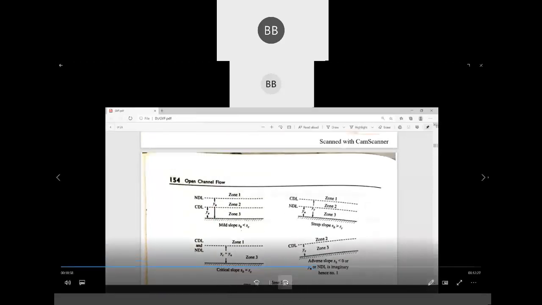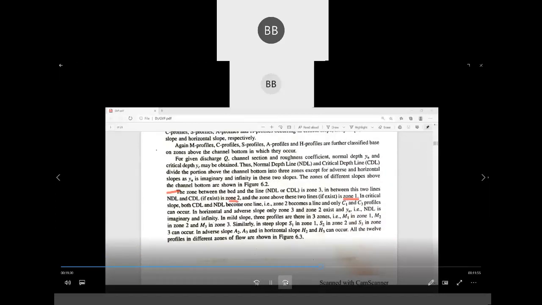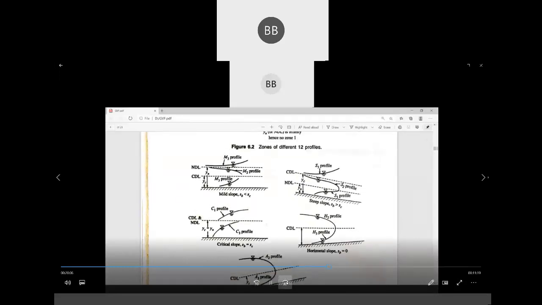And similarly for adverse slope, we will have only zone 2 and zone 3. For horizontal slope also we will have only zone 2 and zone 3. Now see figure 6.3.